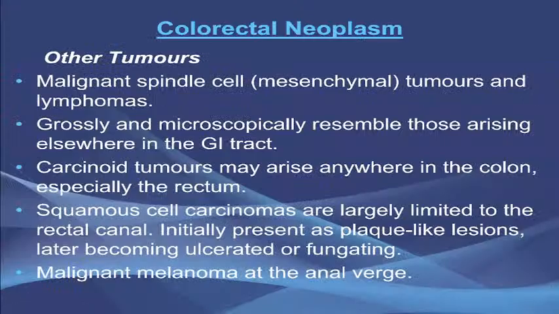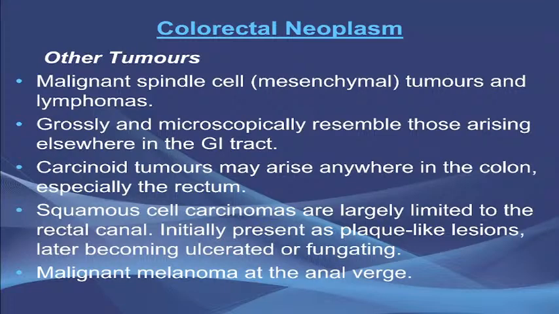So we are done, I think, with the malignant epithelial tumors, or adenocarcinomas. So let's look at other types of tumors. Malignant spindle cell tumors or mesenchymal tumors and lymphomas are the commonest examples in this group. Grossly and microscopically they resemble those arising elsewhere in the GI tract.